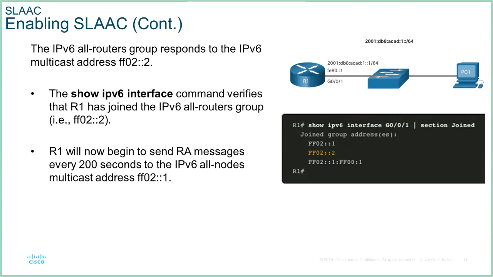The all nodes group is a different group, so the router will listen to the all nodes group too, but we have different groups in IPv6 to communicate between host machines and routers, and routers to routers. I believe we went through that when we went through IPv6, so I won't spend that much time here.